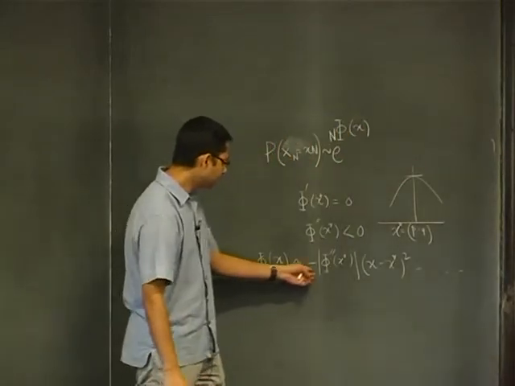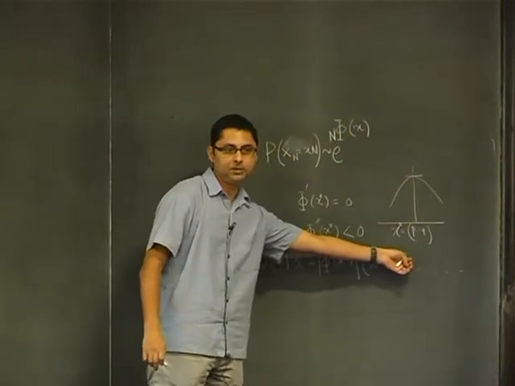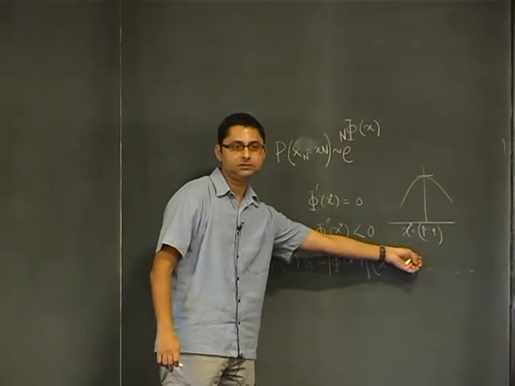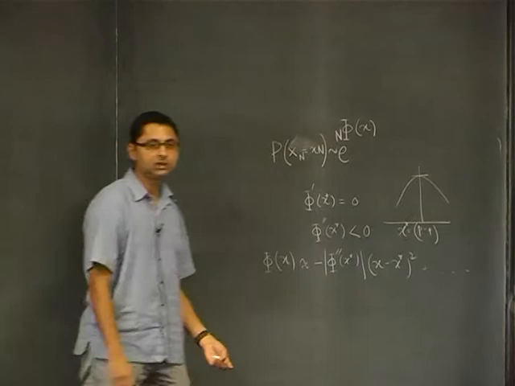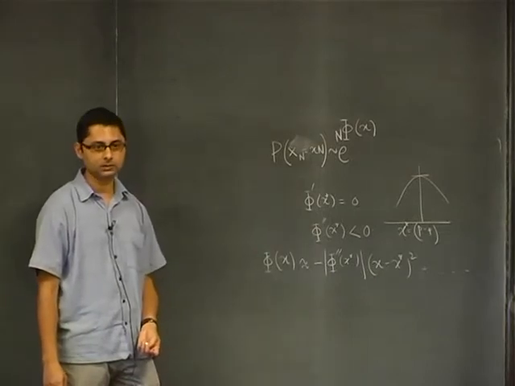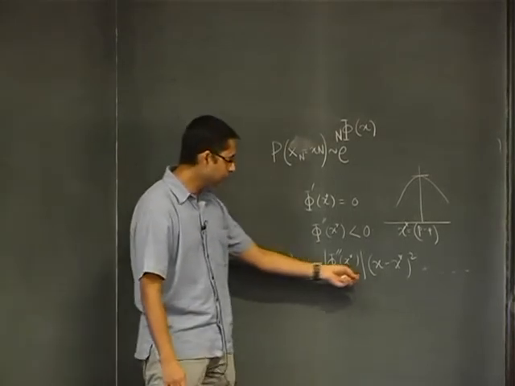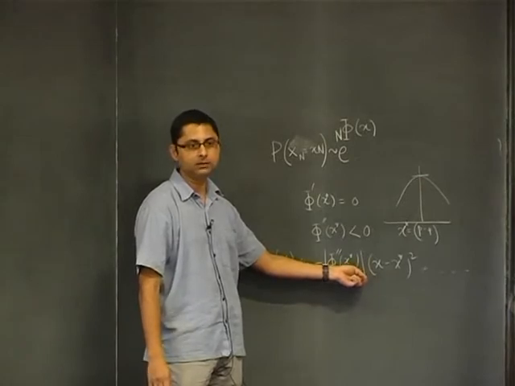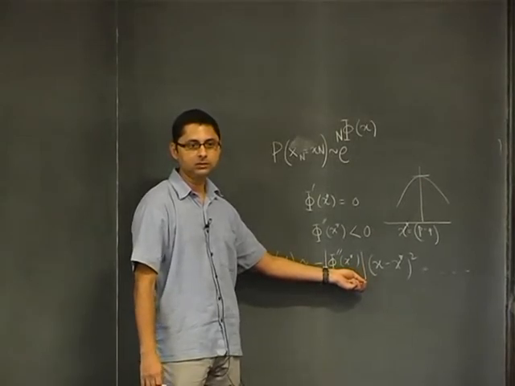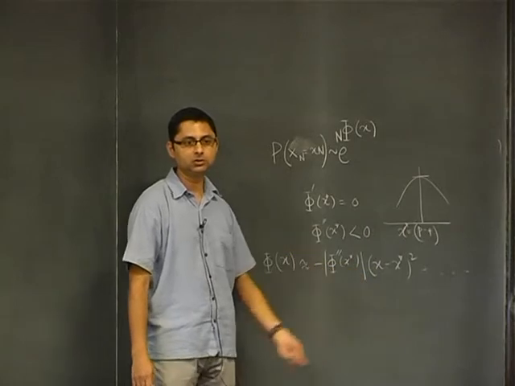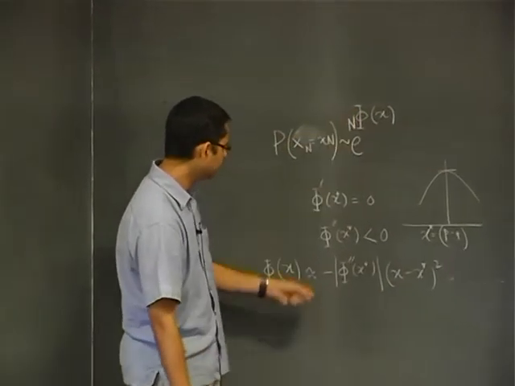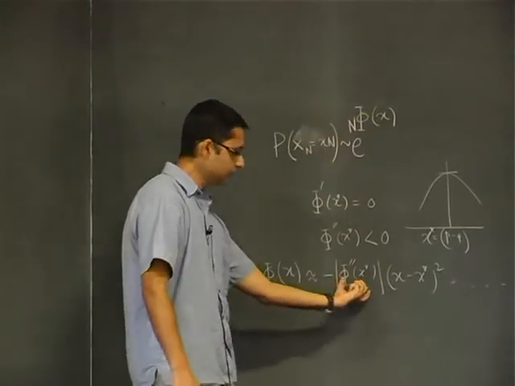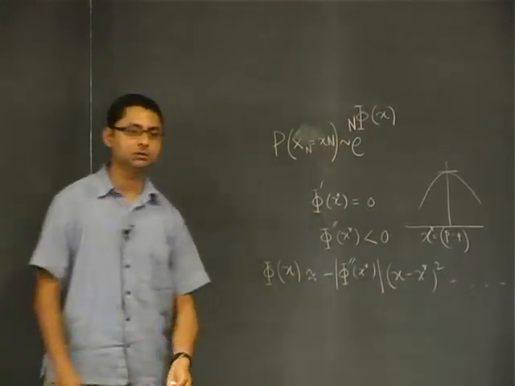There cannot be any power of 1, because if there is a power of 1, then the first derivative will not be 0. So this is how this function should behave. Now you have to find what phi's double derivative is at that point, and that you have found. So then this is your form, and that will be your 1 over 4 pq.